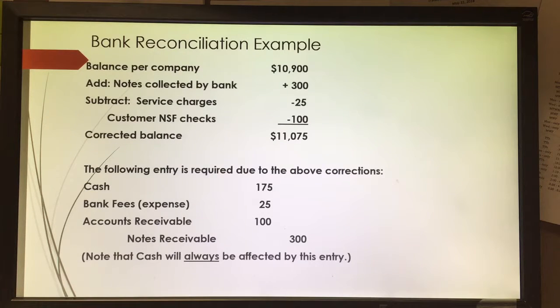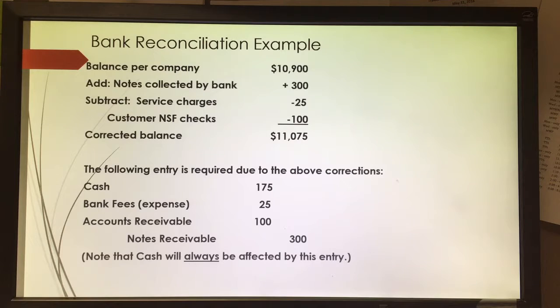And so here's just in summary, that lower portion of the bank reconciliation from the previous slide. And now we see the entry that would be required due to these corrections. Overall, notice that they have a net effect of increasing cash by $175.